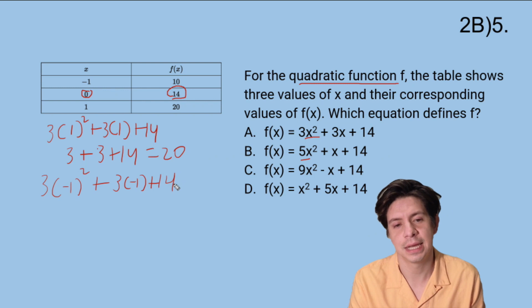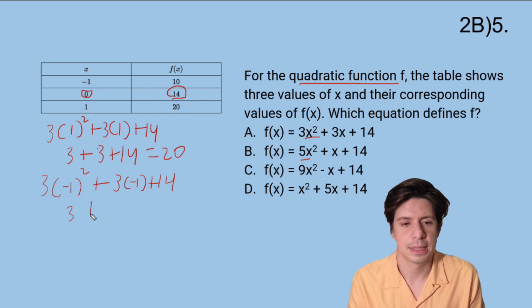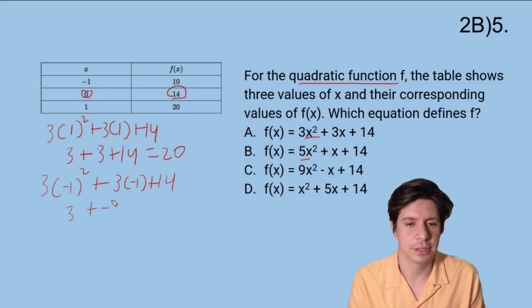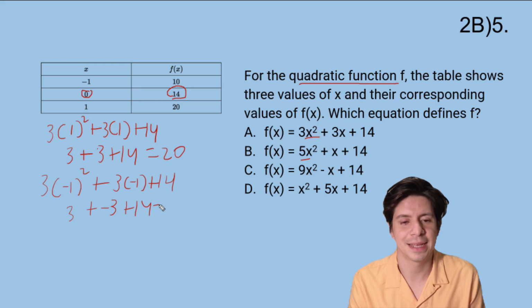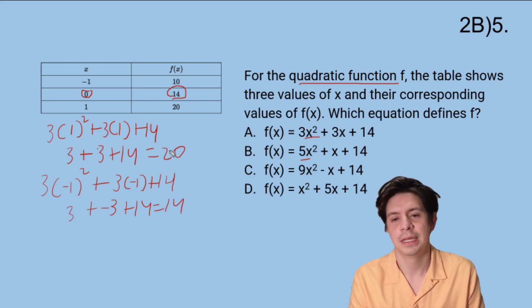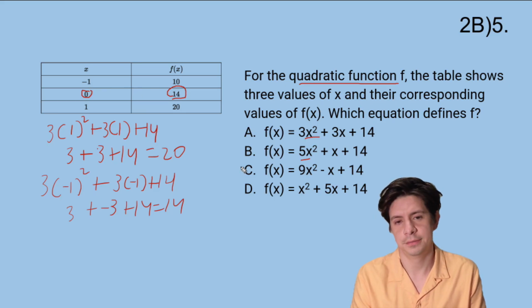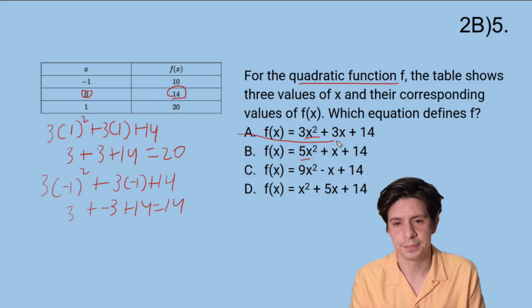And that's going to get us 3 plus -3 plus 14. That gets us 14, which doesn't work because we want it to be 10, right? So it's not A.